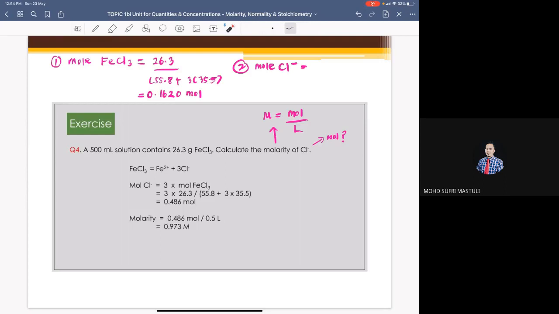Because of Cl only one, so 1 times 0.1620, so 0.1620 mole. So you already obtain mole, and then the volume is 500 ml. You can convert this one to liter, 1 liter equals 1000 milliliter.